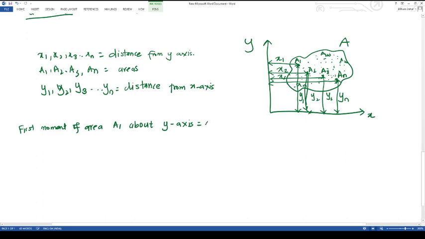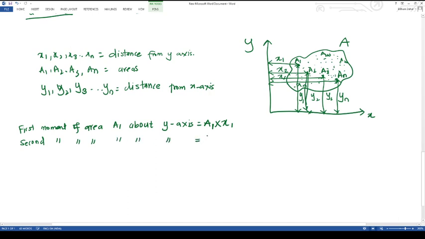So it will be area A1 times the distance x1. Now similarly, I want to know my second moment of area A1 about the y-axis.